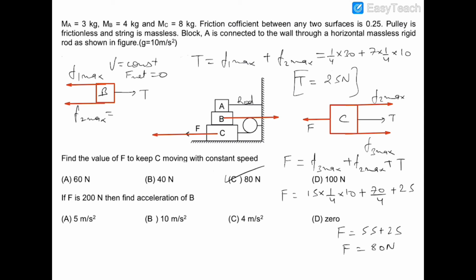Okay, now if F is 200 newtons, then we have to find out the acceleration of block B. Now if F is 200 newtons, then we can find out the acceleration of block C, and for that I'm writing the equation for block C. The direction of forces will be shown as this only, and for block C, F minus F2 max minus F1 max minus T. Now T will be a different one from the previous case.